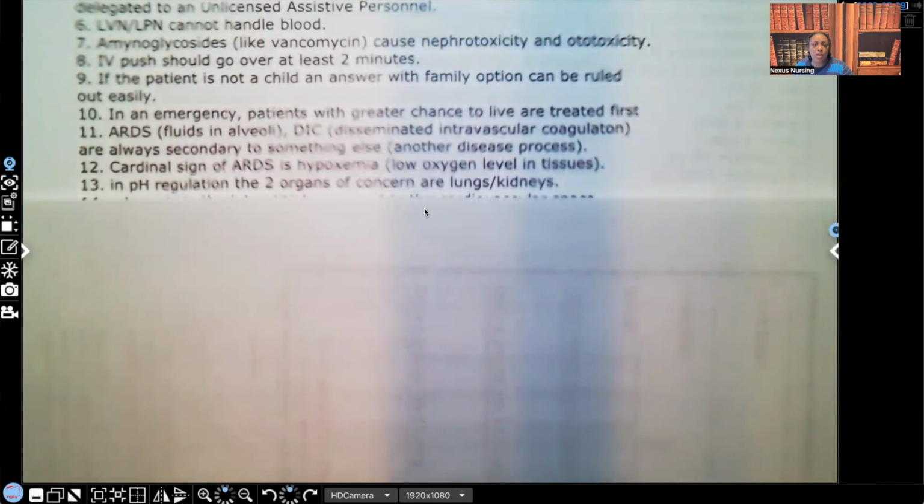But what can the kidneys try to do to help if the patient has too much base? The kidneys can get rid of some of that bicarb, that HCO3, through what? The urine.